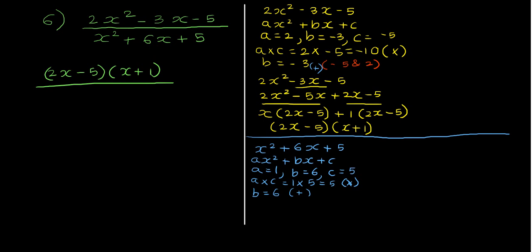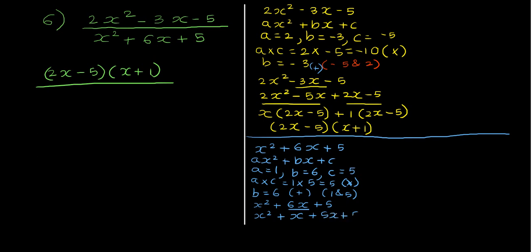So I'm going to rewrite my expression x squared plus 6x plus 5, splitting this up into the two numbers, 1 and 5. So I'm going to have x squared plus x plus 5x plus 5.